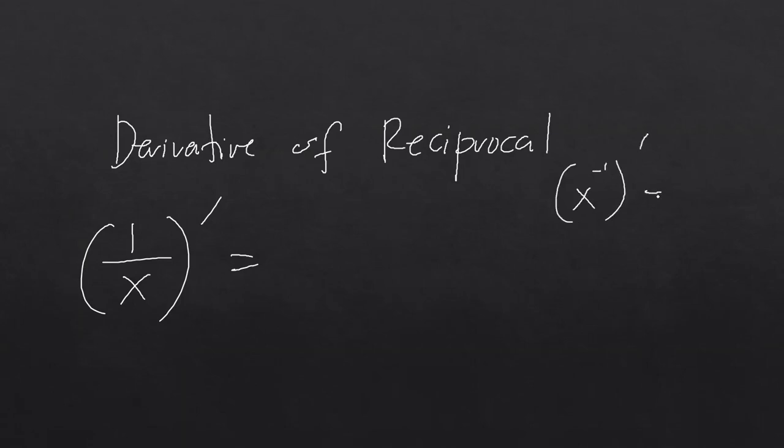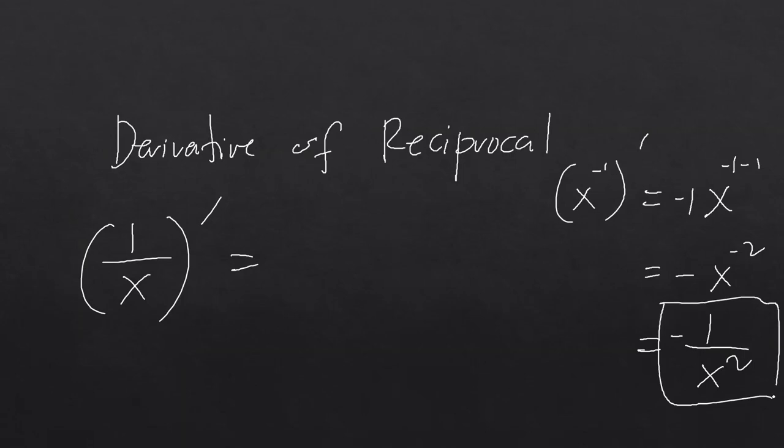If you take the derivative of that, it becomes negative 1, then x to the power of negative 1 minus 1. Or somehow it is negative x to the power of negative 2, or negative 1 over x squared.